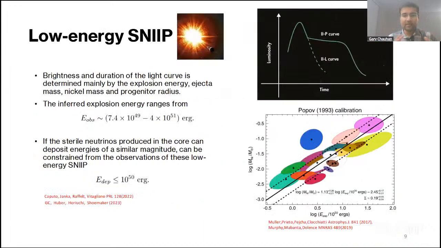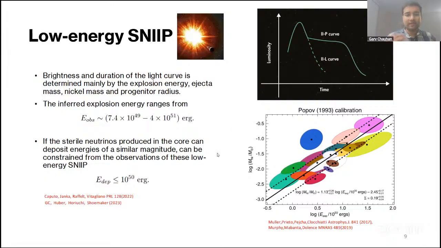In complementarity to an energy loss bound, you can also have an energy deposition bound, which is recent work being done on a few particles like axions and sterile neutrinos. The basic physics is that the light curves that we see for certain supernovae, especially the SN2P, where the P comes from the plateau shape of the light curve, let us infer how much explosion energy was actually deposited into the ejecta.